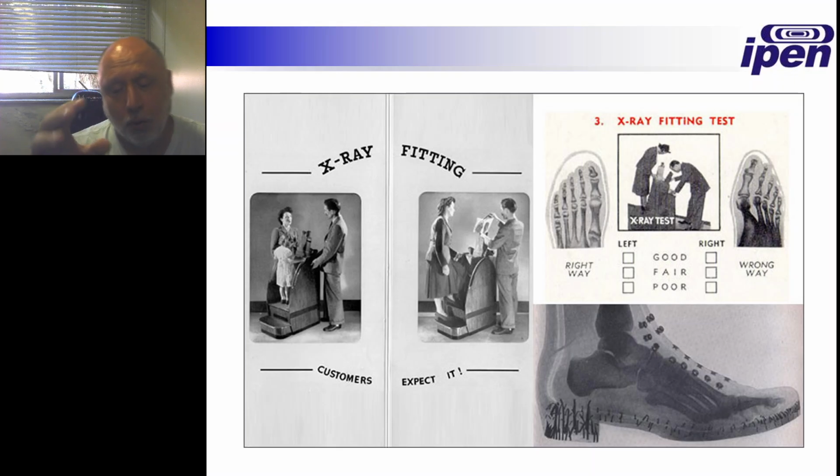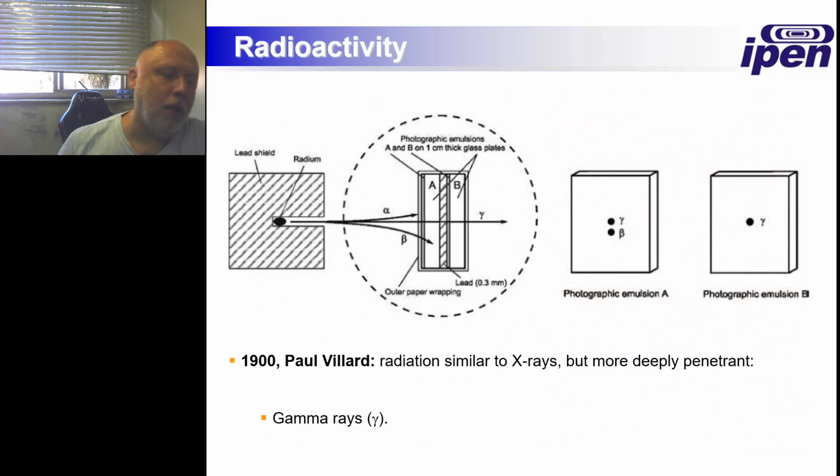You would have a small X-ray machine you put your feet on, and it would show how your foot was placed inside the shoe, to see if you're forcing your foot into the wrong position or anything, right? Of course, later they discovered X-ray radiation was bad for your health, and then they decided this was not a good way to do things. But in fact, coming back to radioactivity.